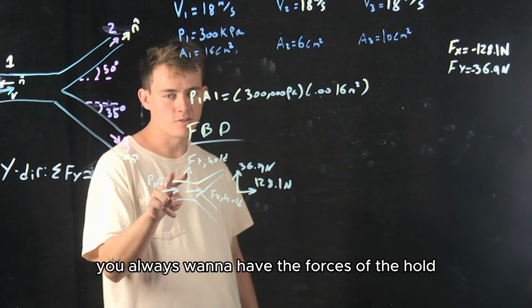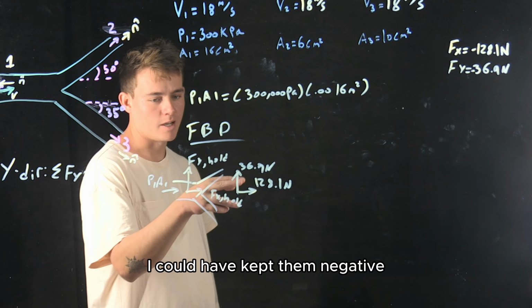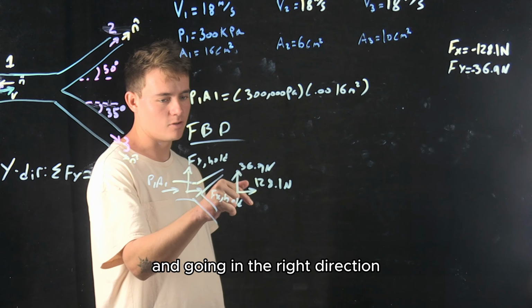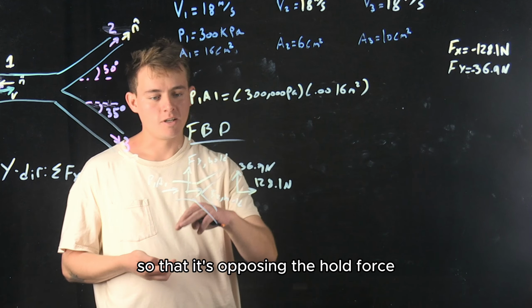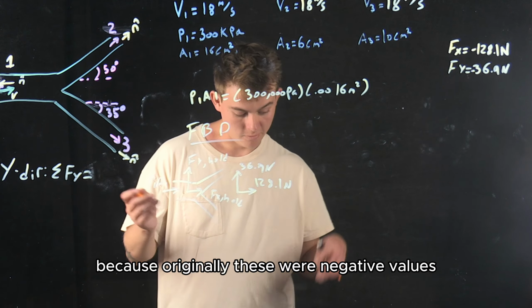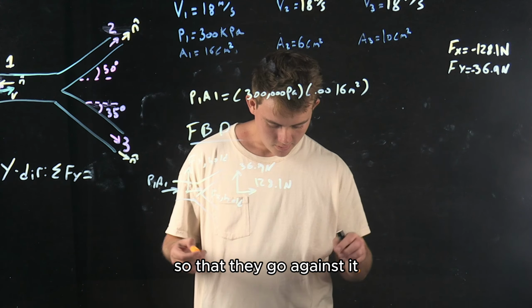You always want to have the forces of the hold be opposite of these, and that's why I made these positive. I could have kept them negative, but I made them positive and going in the right direction. Because originally these were negative values, now I flipped them so that they oppose the hold force.